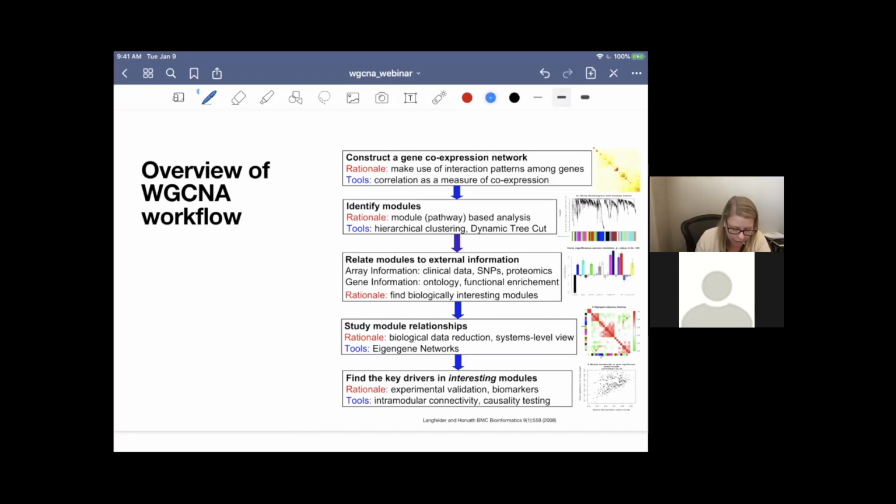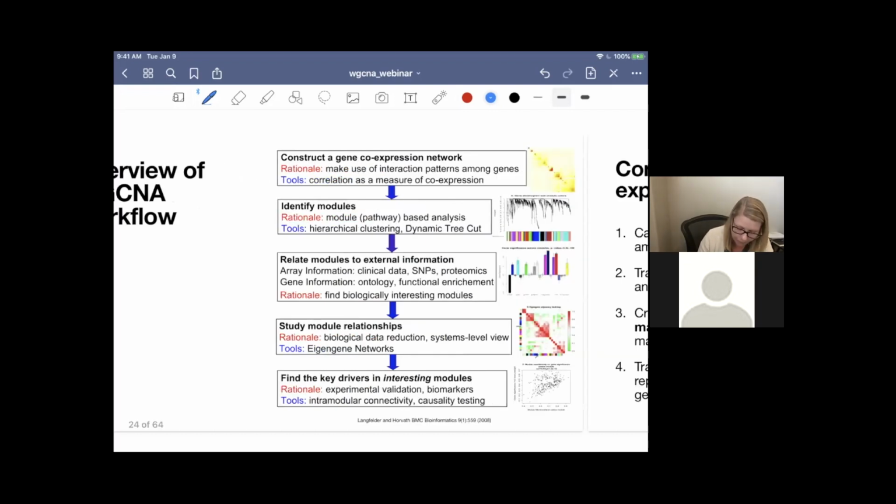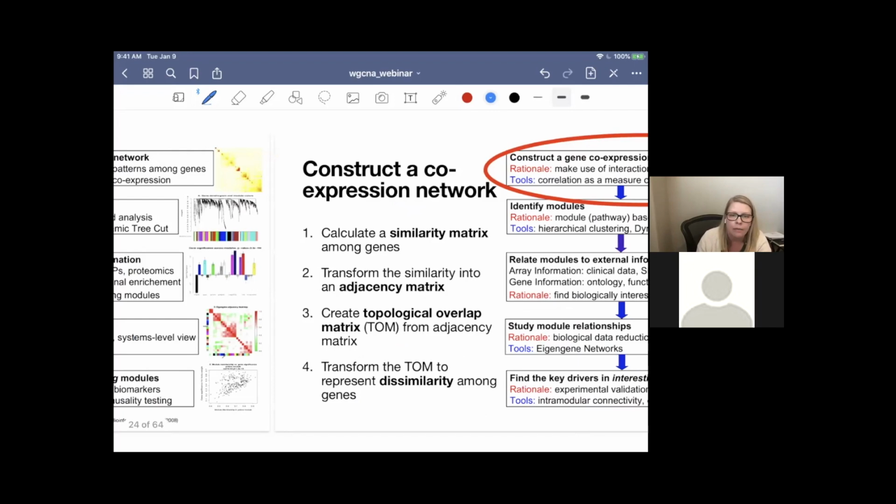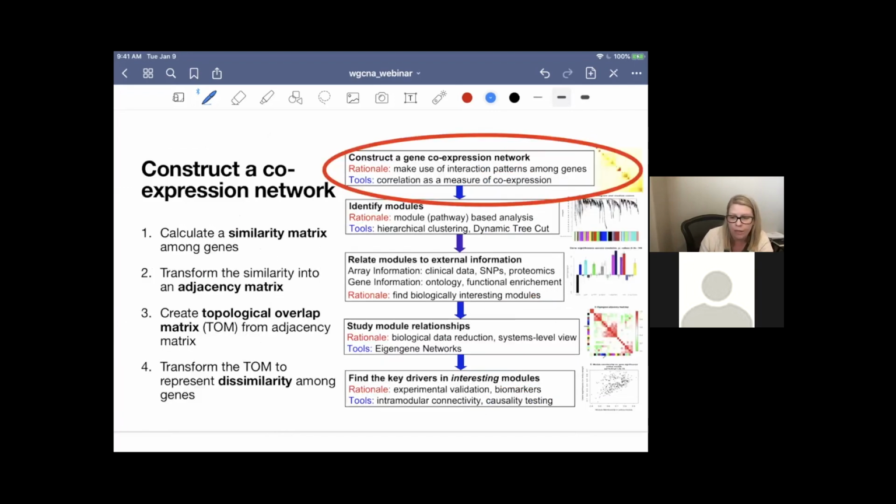So getting back to this overview of the WGCNA workflow, we're going to step through this one at a time. So we have construct a gene co-expression network, identify modules, relate them to external information, and then some interesting things to do after this analysis to really interrogate those modules a little further. To be able to construct this gene co-expression network, we have to do these 4 major steps.